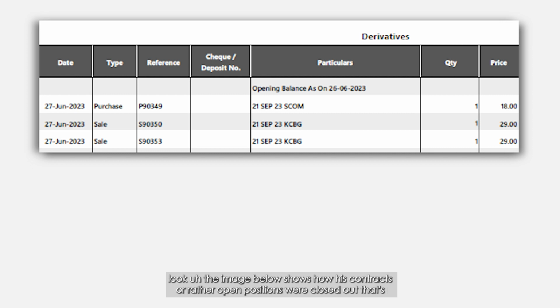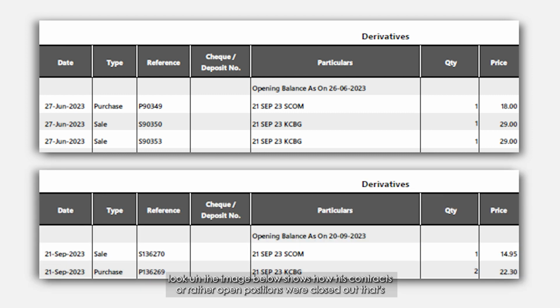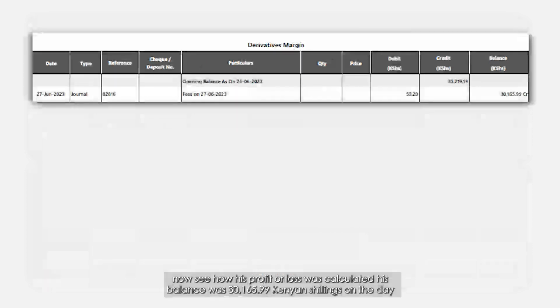Let's have a look. The image below shows how his contracts, or rather open positions, were closed out. That's by taking the opposite positions to the ones he held. So in this case, he sold the Safaricom contract, which he was long on, and purchased the 2 KCB contracts where he was short. Let's now see how his profit or loss was calculated.